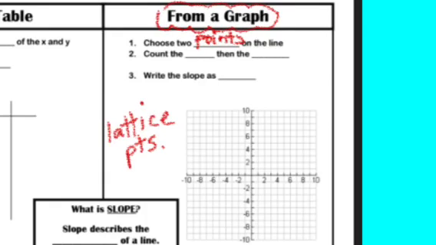Those are the ones where the 2 lines intersect on the grid, so you can read the points and the values more accurately. So you want to count the rise, that's the up, sometimes the down, and then the run, how much it goes up and how much it goes over. And then you write the slope as the rise over the run. Slope is rise over run, something we'll remember.